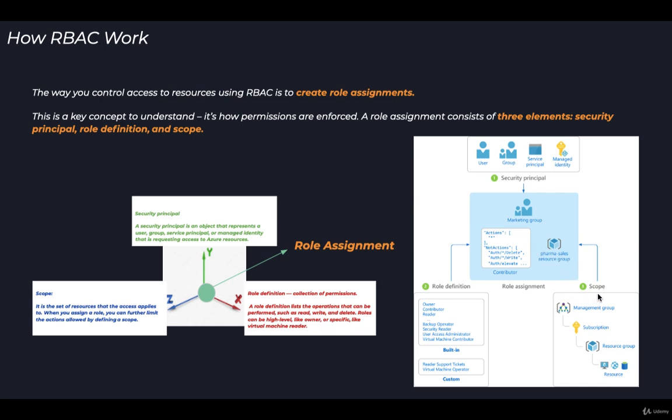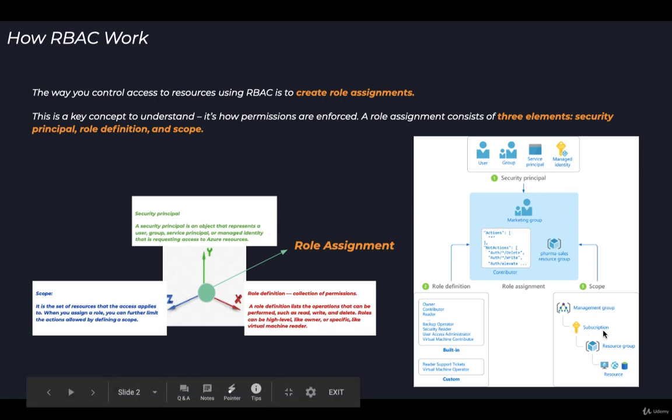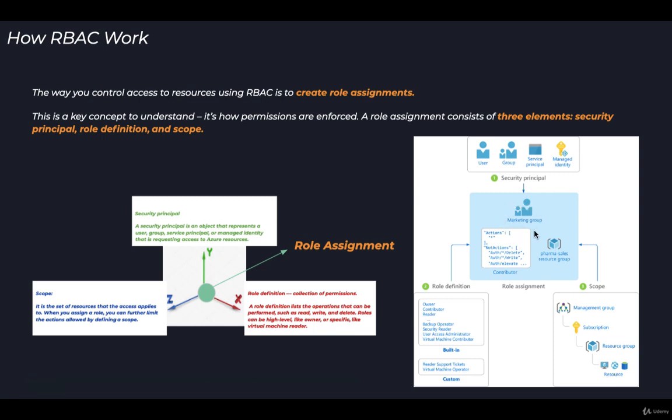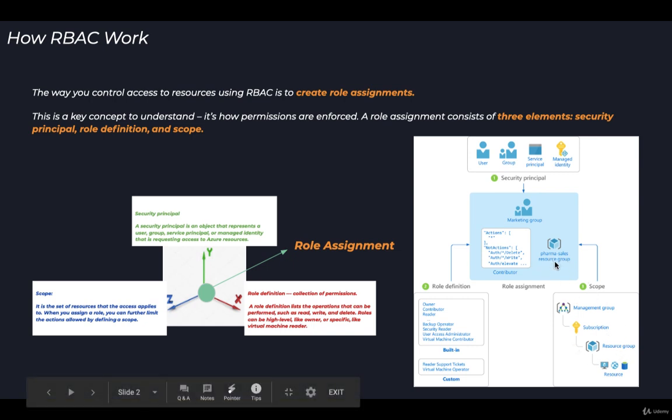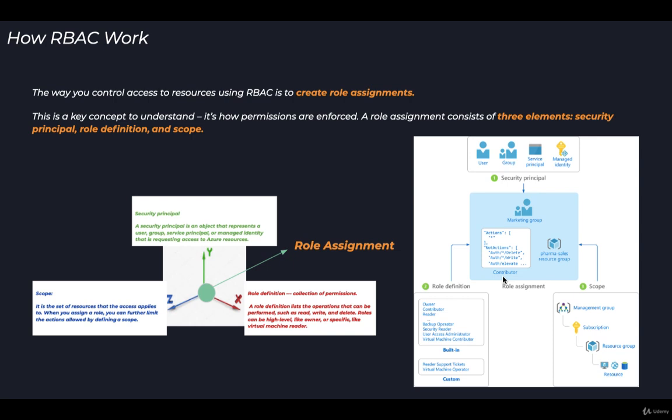Under the scope we can think of a management group or subscription, but here we are providing access to the particular pharma sales resource group. So all the users in the marketing group, or those you add in future, will have access to the pharma sales resource group only. What kind of access would they have? They would have contributor access.